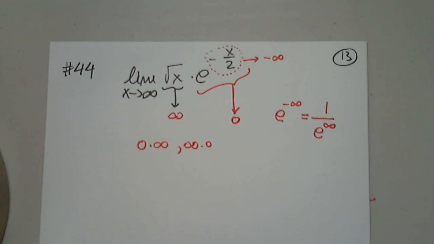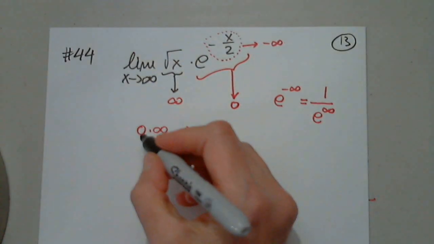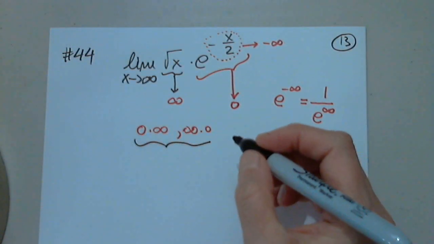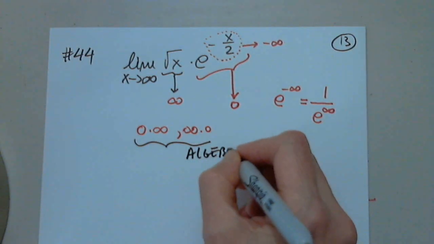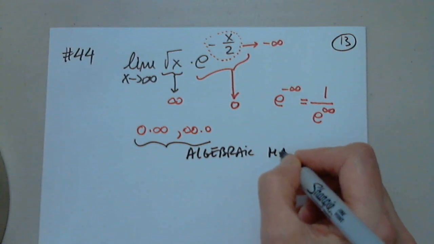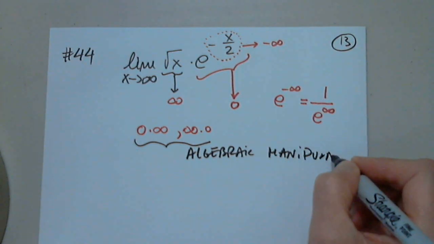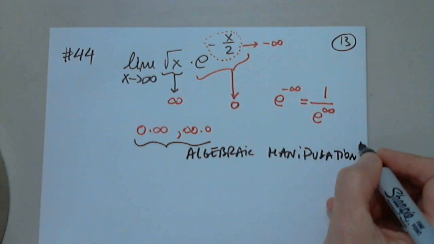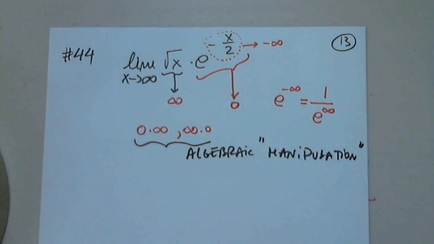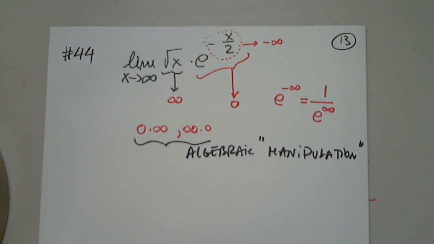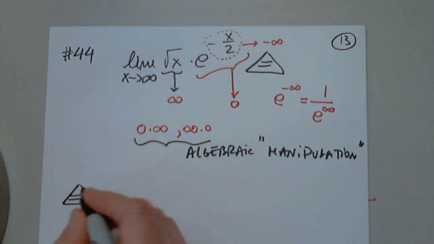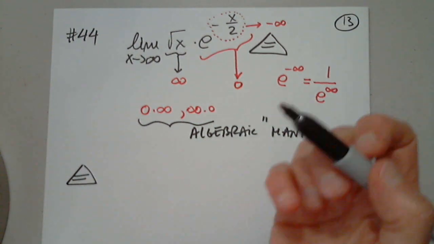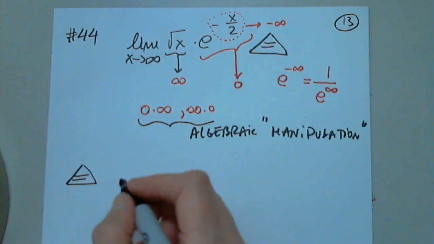Okay, this particular situation can be easily dealt with by an algebraic manipulation. What does that mean? Change the function a little bit, make it look different, but not change the function. I see that this has a negative power.